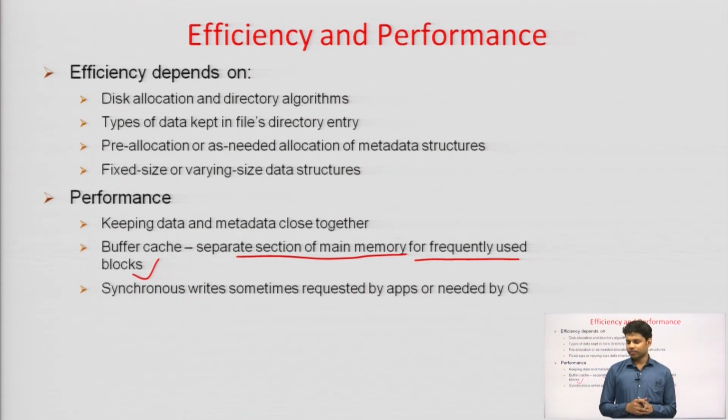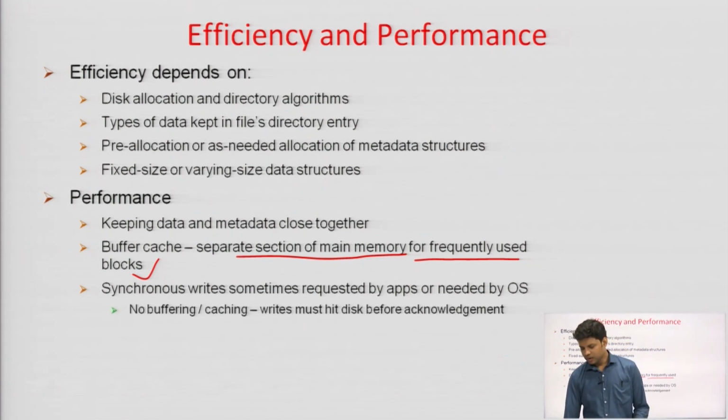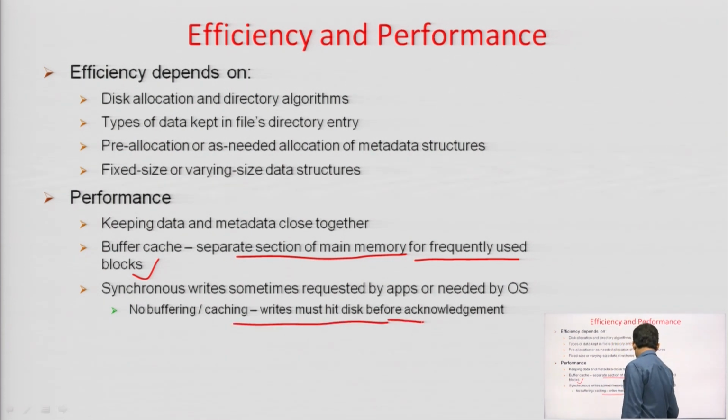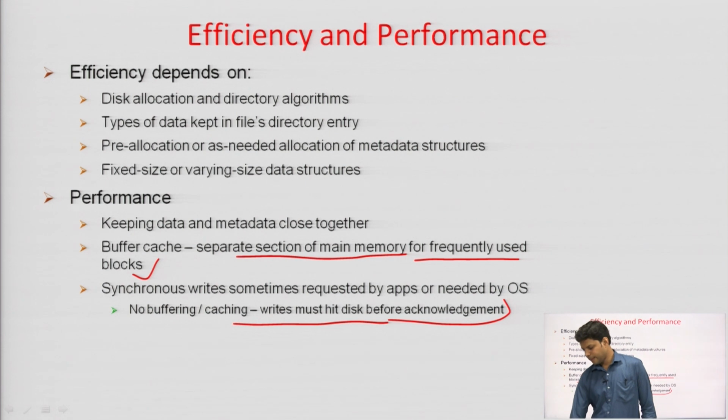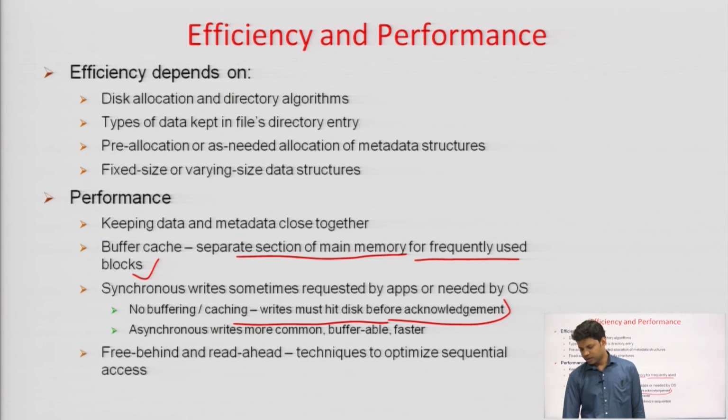Synchronous writes are sometimes requested by apps or needed by the OS. There is no buffering or caching, and writes must hit disk before acknowledgement. Asynchronous writes are more common, bufferable and faster, so we try to use asynchronous writes more.